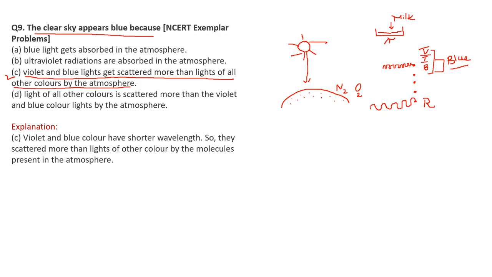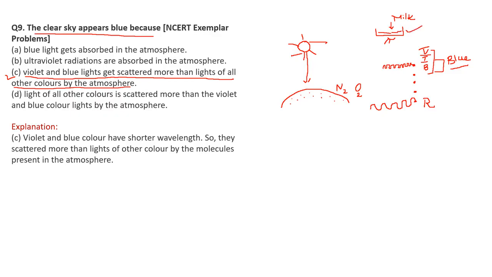Slowly you will see a shift in the color of the light from white towards blue. Initially when you pass light through water, it doesn't show any color, but after you mix milk in that water, the color of the light is blue. This is because the blue light gets scattered by the particles of milk.